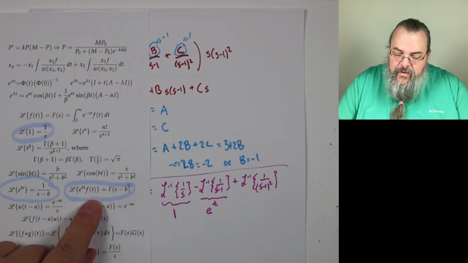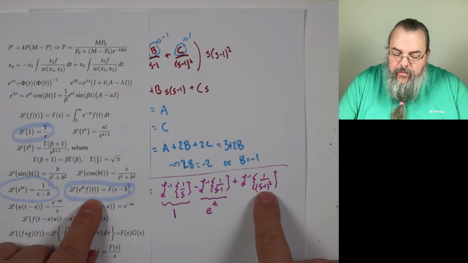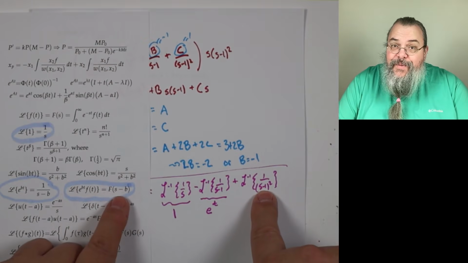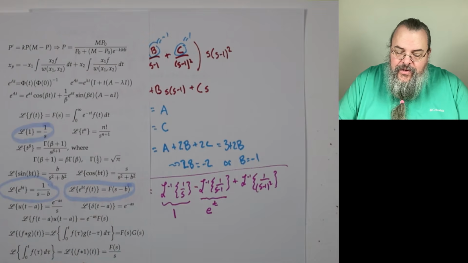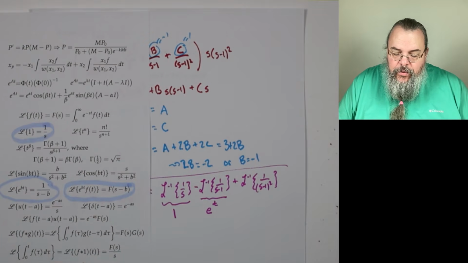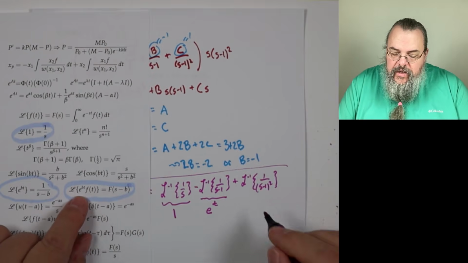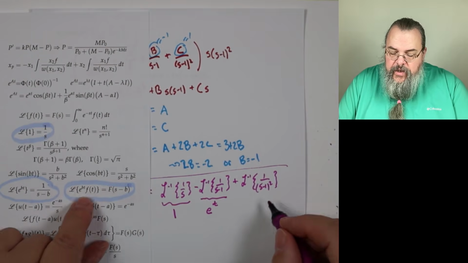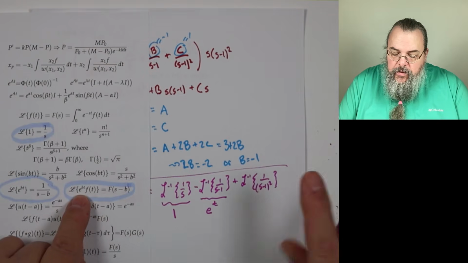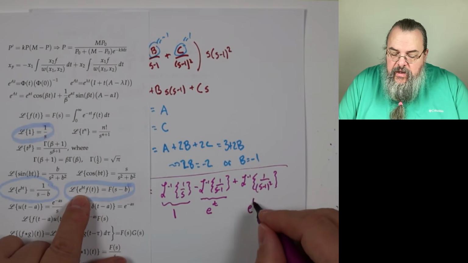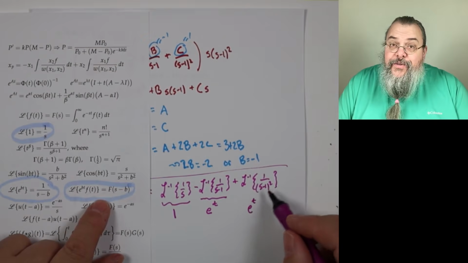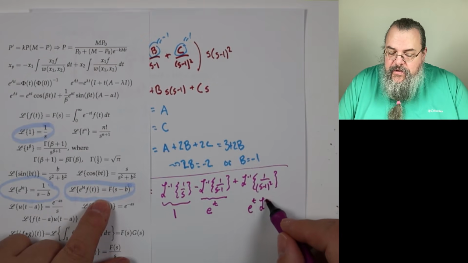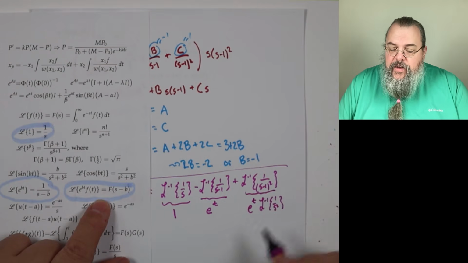See how they have that s minus 1? That's like s minus b. So what you really do is take e to the t, because s minus 1 gives e to the 1t. So that's e to the t. And then imagine there wasn't a shift. So the Laplace inverse of 1 over s squared. That's how we can think of that.